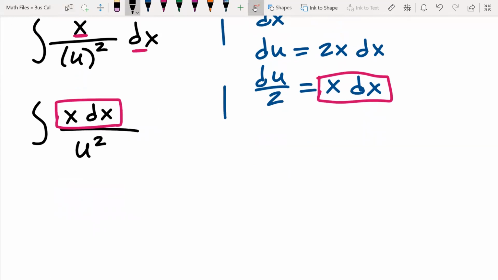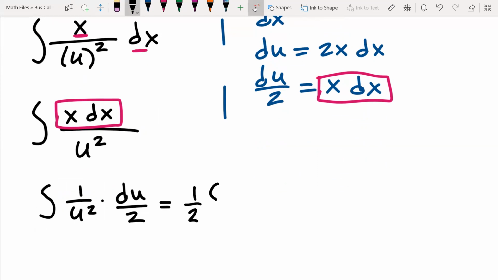So you're going to get the integral of 1 over u squared times du over 2. The integral is all in terms of u, and we just have to clean it up now. I'll pull out that 1/2. You'll get 1/2 times the integral of 1 over u squared du.